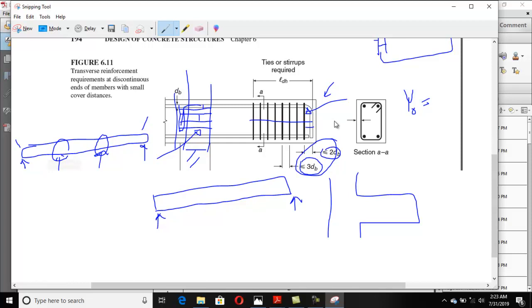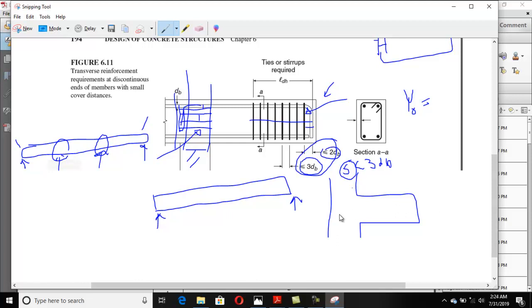sometimes in examples the joints are given to us and they say select the psi r factor, and the stirrup spacing is given. So if the stirrup spacing is given, you just calculate this 3 dB, and if that spacing is less than 3 dB, you will search out the psi r factor from the table, what the code says.